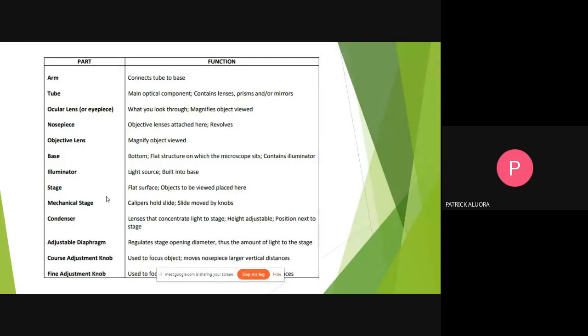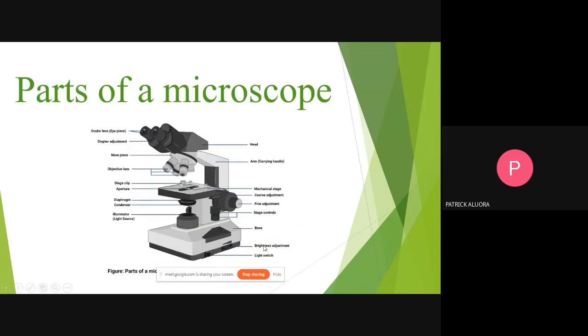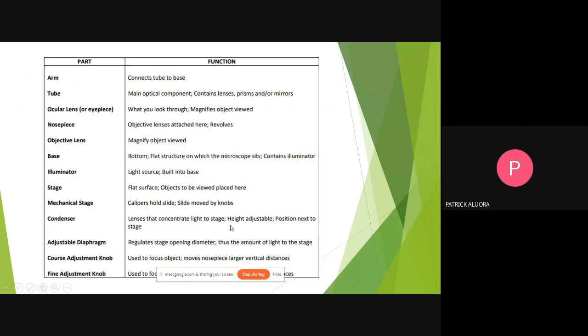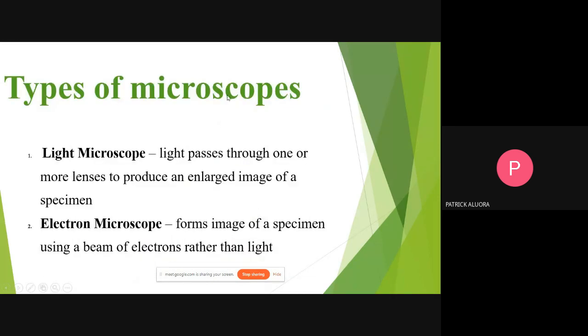The condenser concentrates the light onto the stage. We also have the coarse adjustment knob. You're focusing the image, moving the stage closer to the objective lens using the adjustment knob. And that is all on the parts and the functions of a microscope.